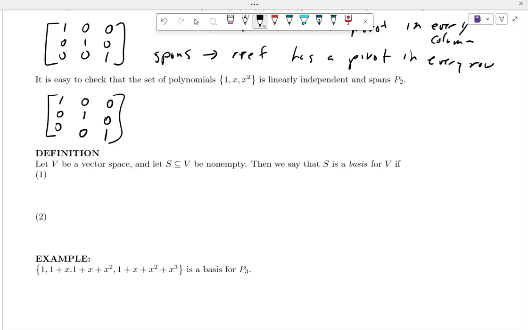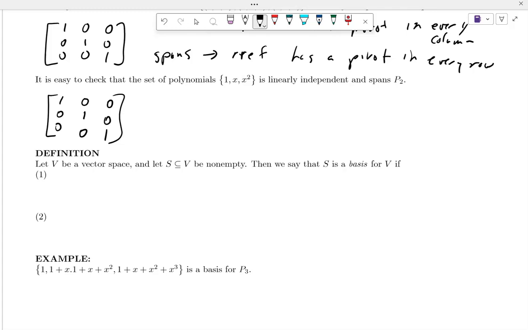So in both cases, we have a set that's linearly independent and spans. What that means is that we can write every single polynomial, in this case, as a constant plus something times x plus something times x squared, every second degree or less polynomial.